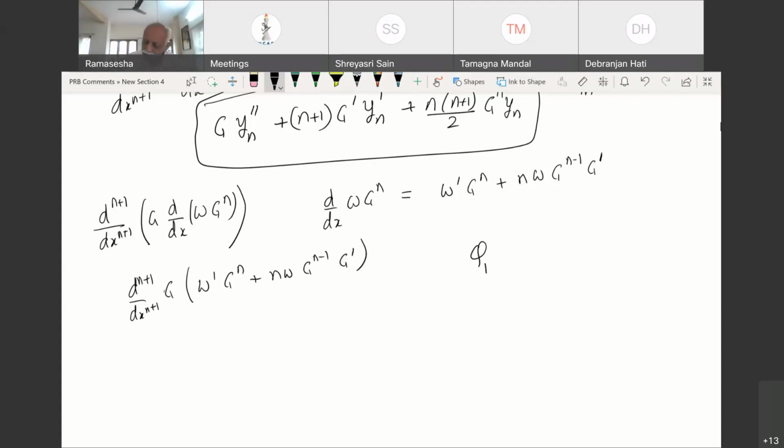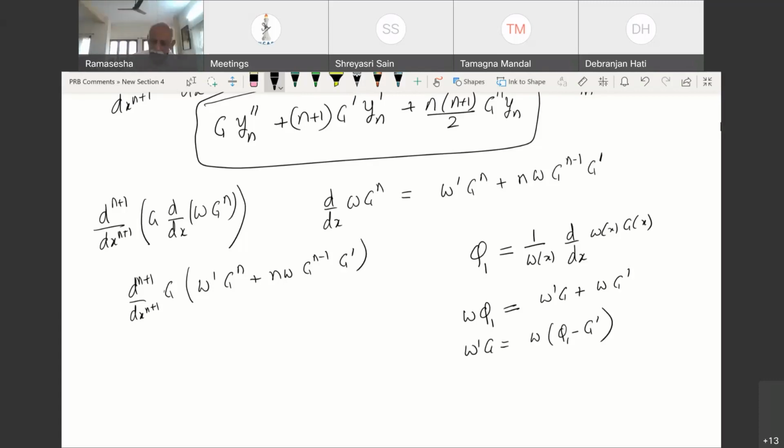So you know the definition of phi1, the first degree polynomial. What will be the first degree polynomial according to this? It is 1 upon W d by dx of W g of x, right? So I can write it in the following fashion. I can write it as W of phi1. Okay, for the notation simplicity, I have removed the x implicit. I've used it implicitly. So I get this to be W prime g plus W g prime, or W prime g is equal to W phi1 minus W g prime.